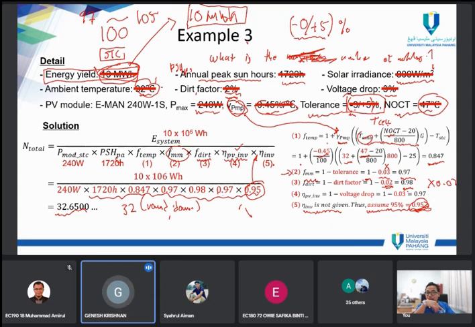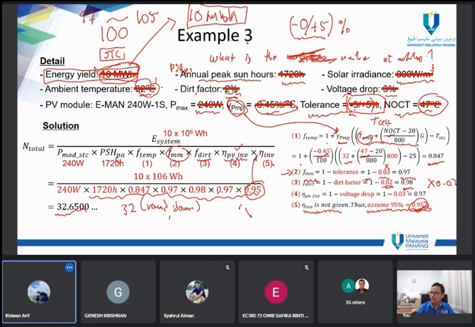Cannot. Why cannot? Because annual peak sun hours. Bukan tu. Sebab equation dia, N total dengan energy yield tu directly proportional.